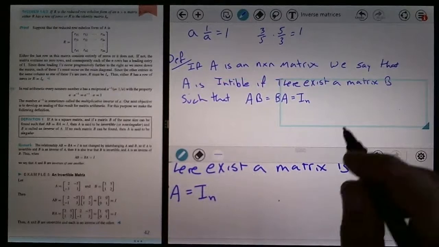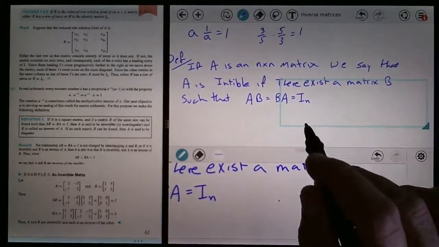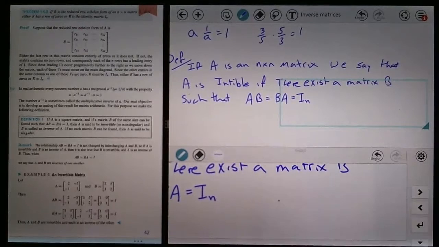And it'll be an n by n identity matrix. So we say that A is invertible if there exists a matrix for which this happens, okay?